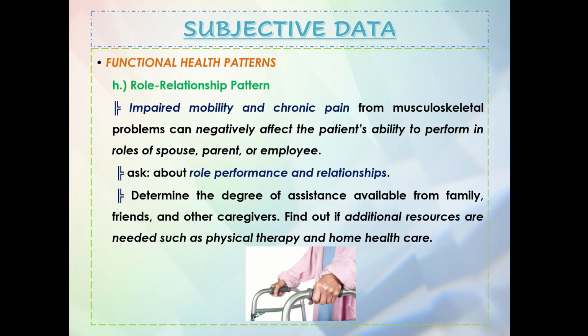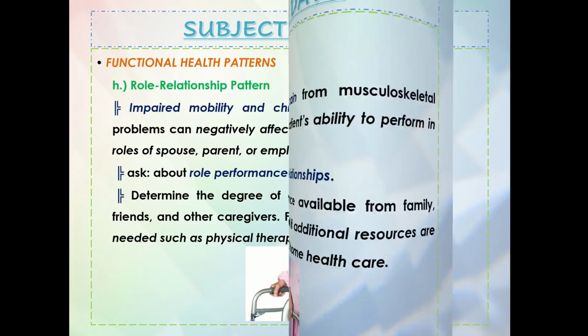So you have to find out if additional resources are needed, such as physical therapy and home health care. So you have to ask kung meron ba siyang support group or support person kung if ever na mag-isa lang siya sa bahay. Okay, baka distant yung kanyang family members or yung parents. So you have to ask.